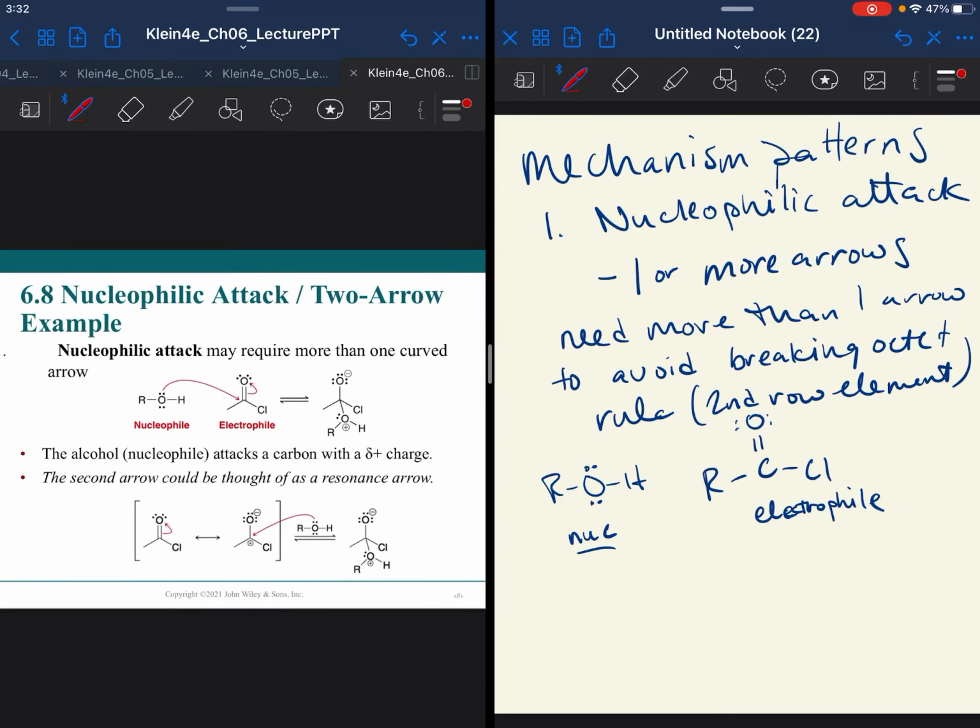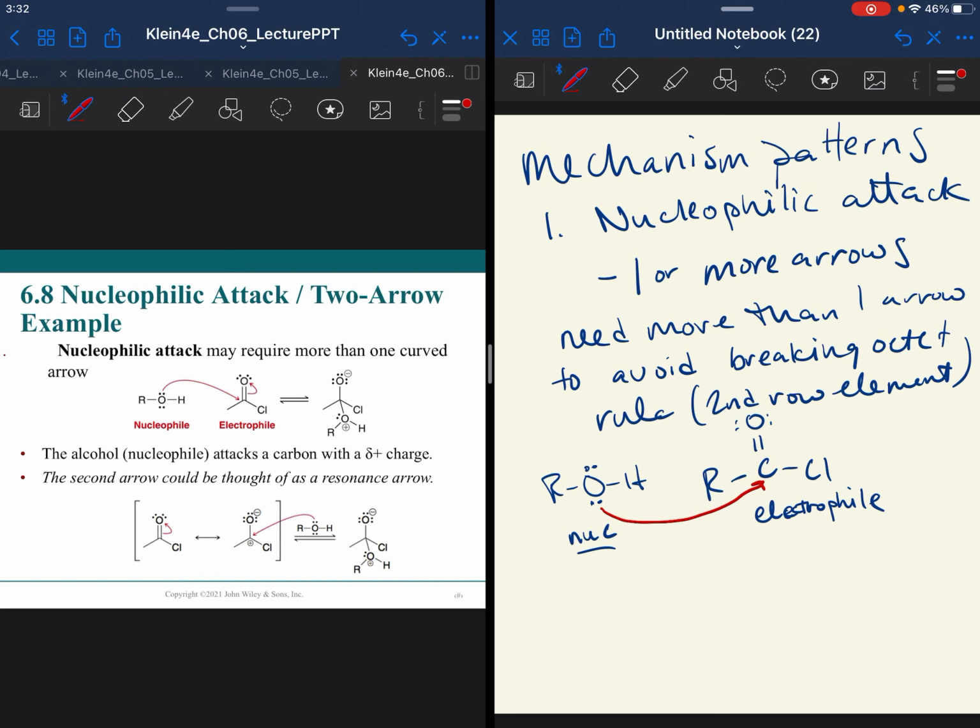If we stopped at just drawing this first arrow, right, the negative oxygen with all of its electron density and its lone pair, forming a bond to that carbon, that would form 5 bonds on carbon, and that is too many electrons around carbon, right? That is breaking the octet rule for a second row element, which is not allowed.